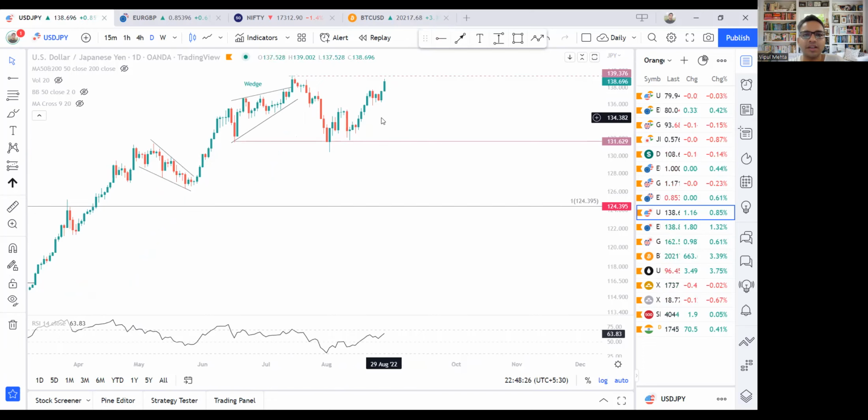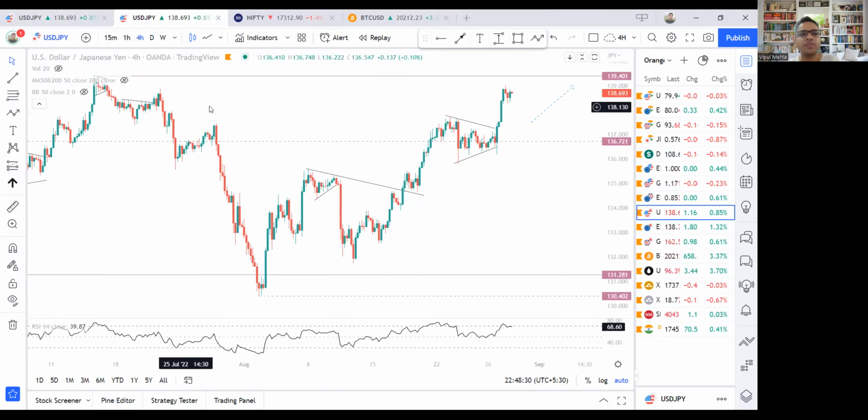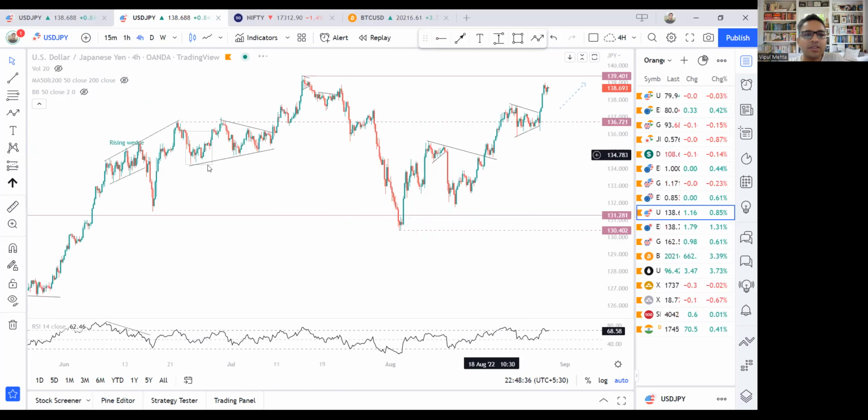So far we are in this range. So far it's a range trade that's going on. In fact, if you look at dollar yen on the 4-hour time frame, this is what we see. There was a consolidation happening for the last few days, and this consolidation was also happening at these highs. There was this high, this low, this bit of a consolidation, and then another consolidation.